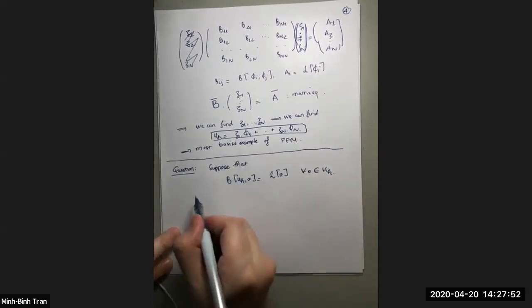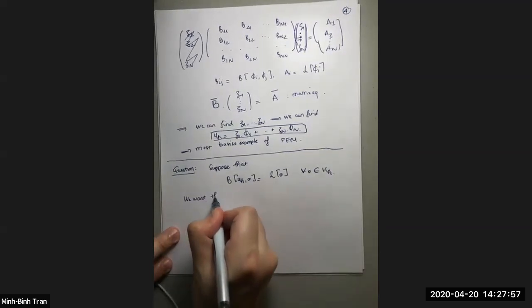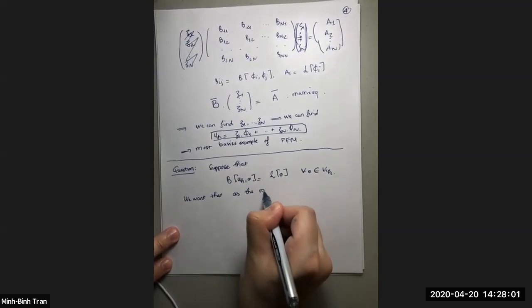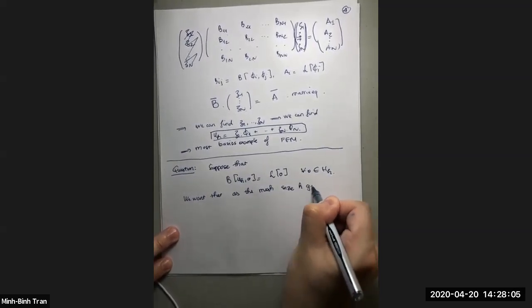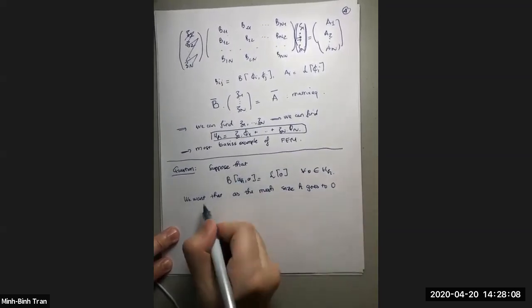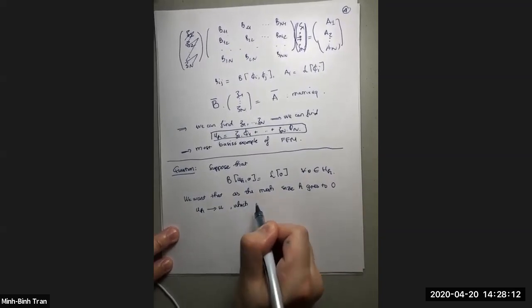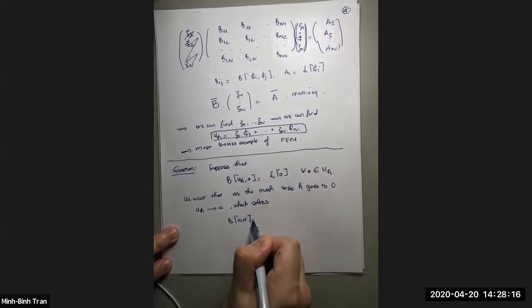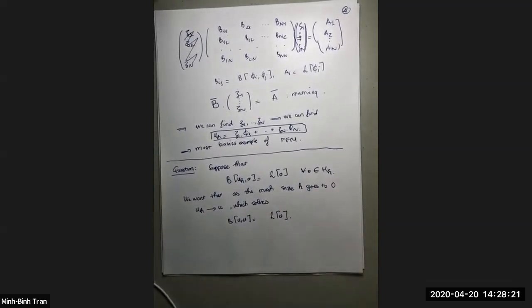So what we want is that as the mesh size H goes to 0, UH converges to U, which solves BUV is equal to LV, right?